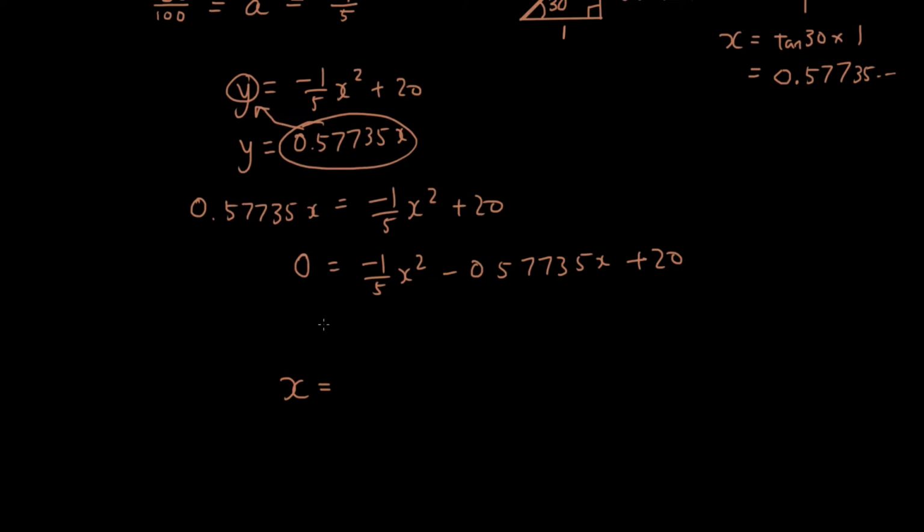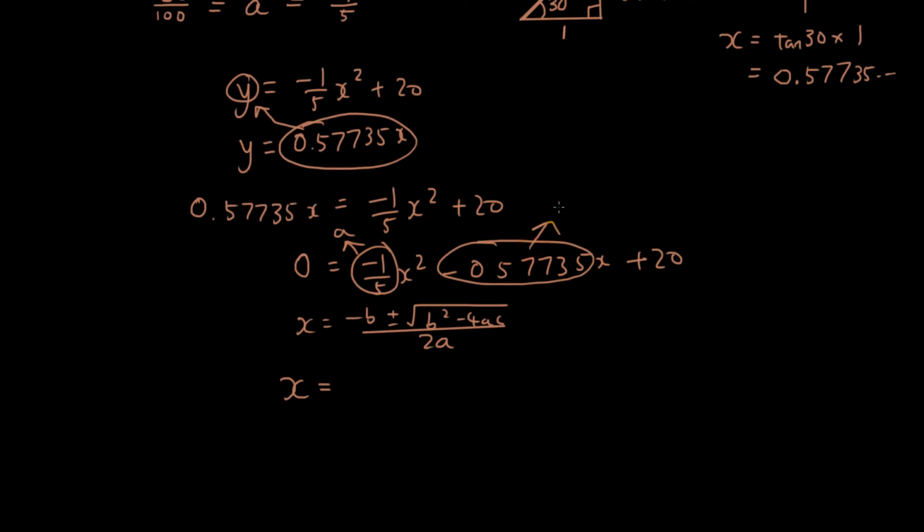Or you can use the quadratic formula, so x equals negative b plus minus square root of b squared minus 4ac over 2a. Put this number as a, this number as b, this number as c. Put it into the equation and you will get x equals 8.66 or negative 11.547.